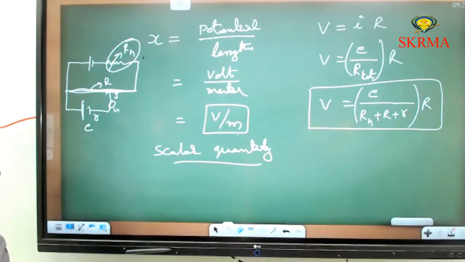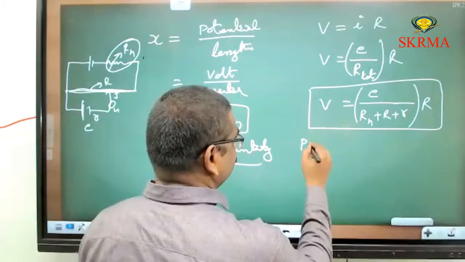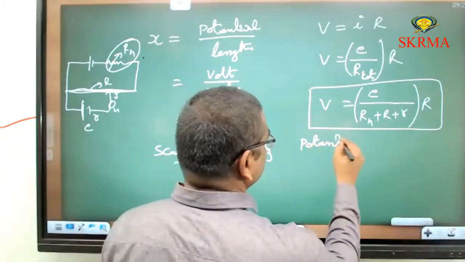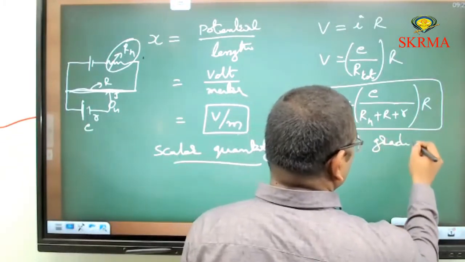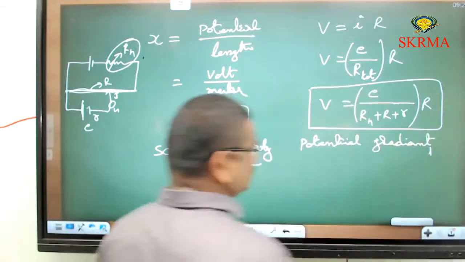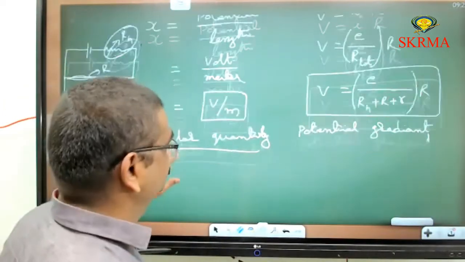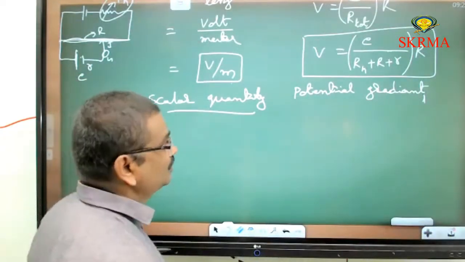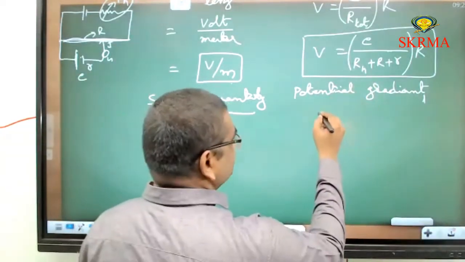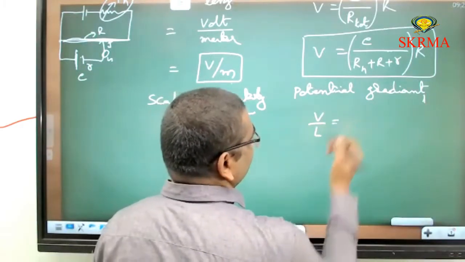Now from this, can you write the potential gradient equation? The potential gradient formula is potential by length.